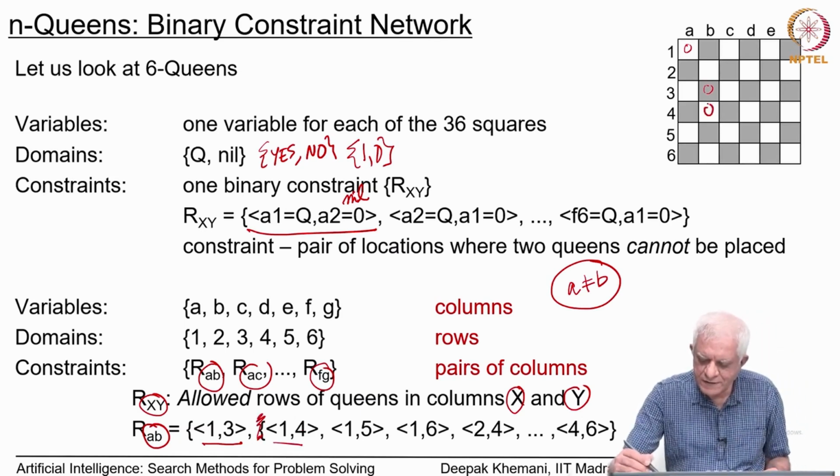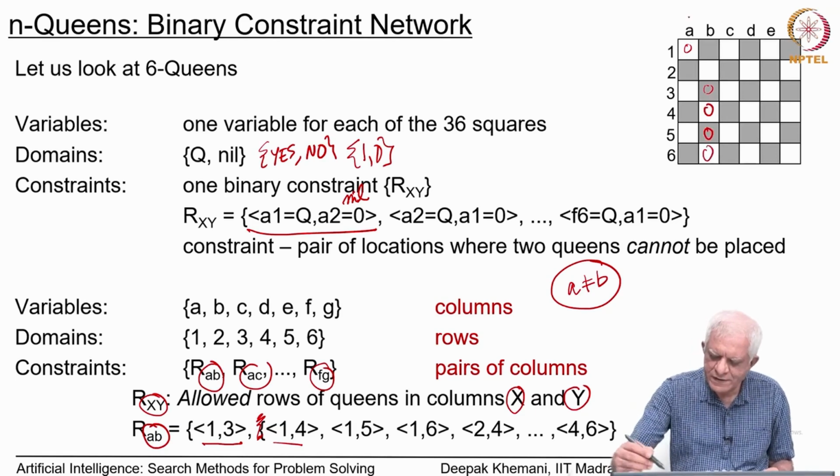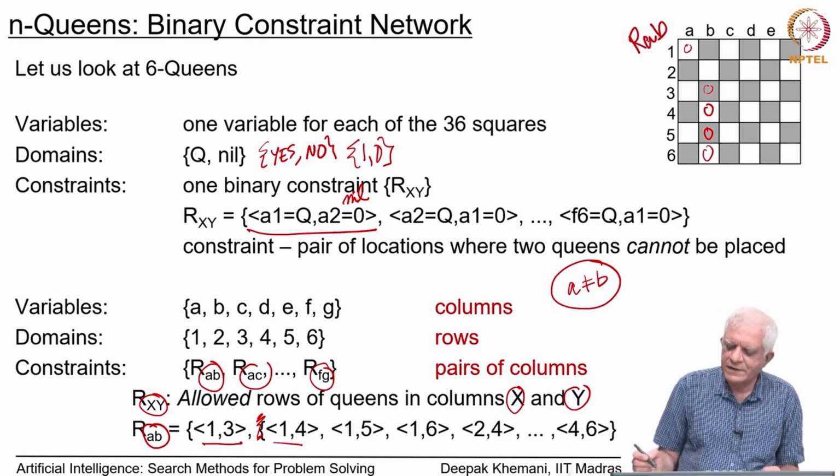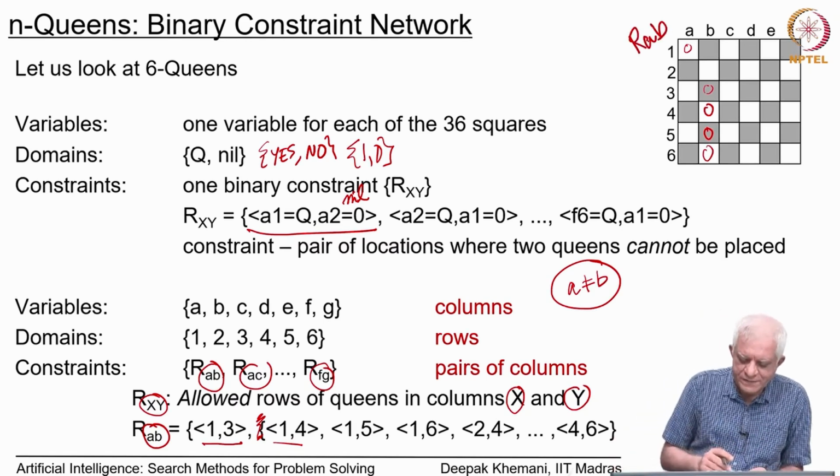You could have placed it here, here, or here. So this is R AB. These are the allowed combinations, and likewise you would do it for queen 2. Sorry, you can place it in row 2 and 4 and so on, and then likewise you would do it for other variables.